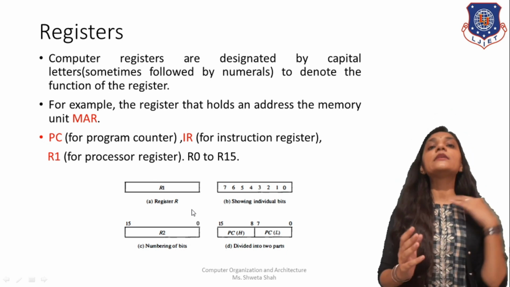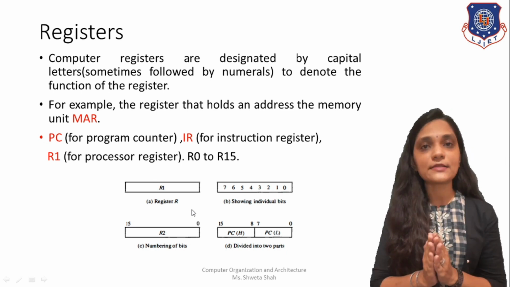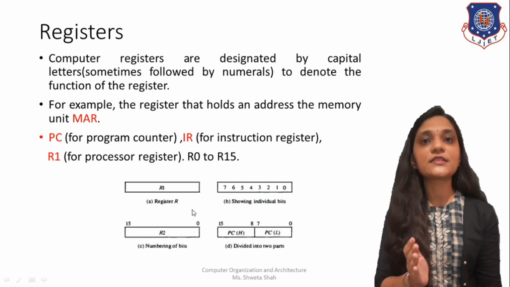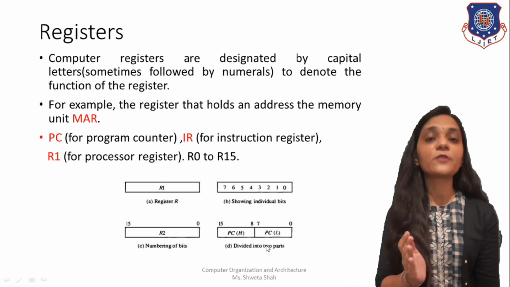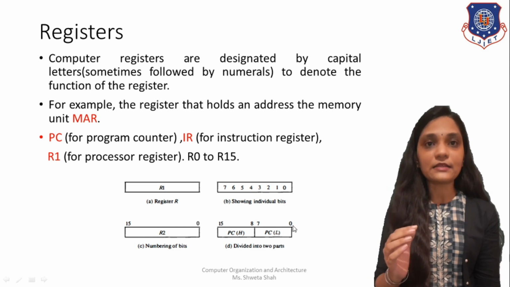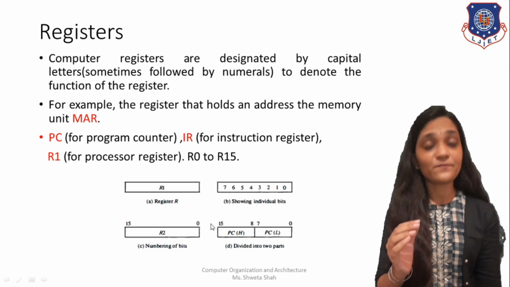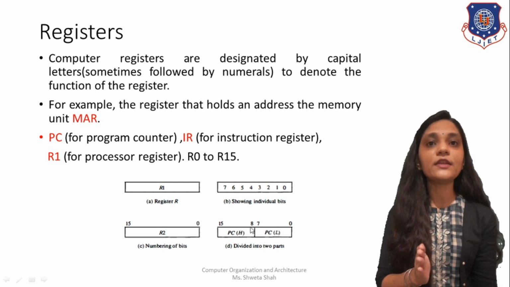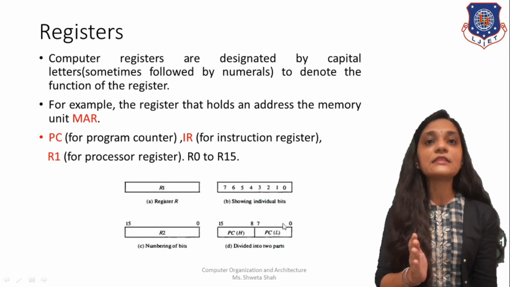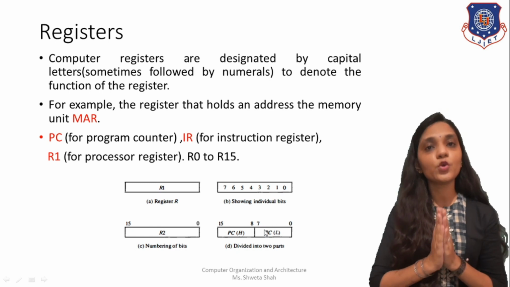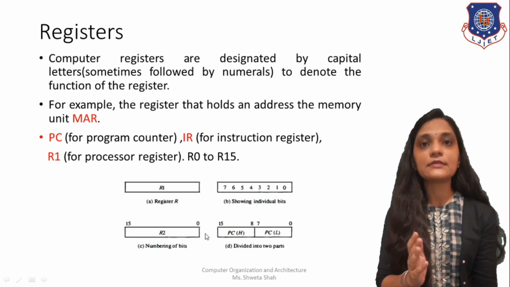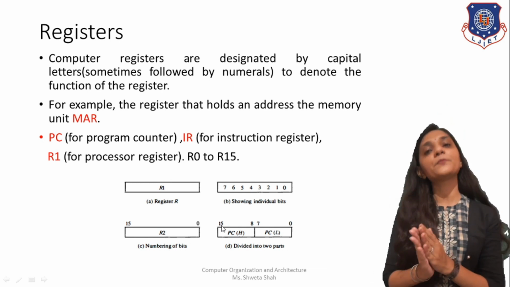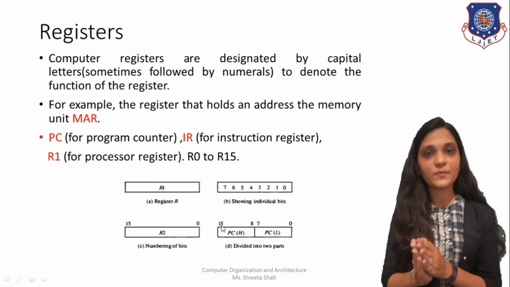Or you can represent this in two parts like upper part and lower part. For example, we have PC program counter, and if it is 16 bit, that means 0 to 15 bits. You can divide it into two parts, that is 0 to 7 and 8 to 15th bit. This 0 to 7 bit represents your lower part, that is PC low, and 8 to 15 represents higher part, or you can say upper part, PC high.